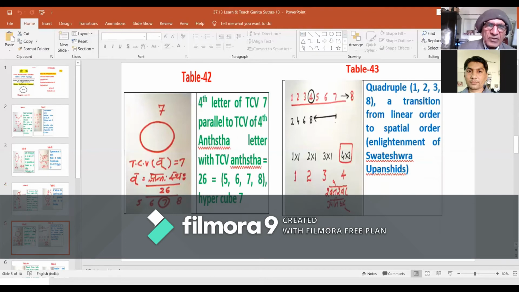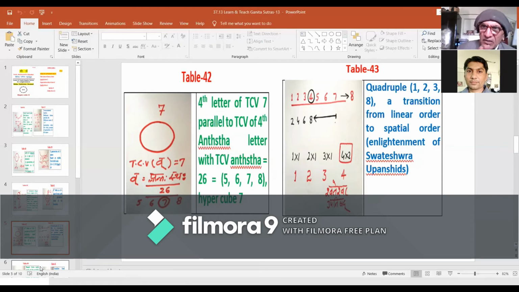table 42 and table 43 deserve to be approached in very delicate and fine state of mind. The fourth letter of TC value 7 is parallel to TCV of the fourth Anthastha letter. Fourth Anthastha letter, Wa. Its script form is a circle, a writ.